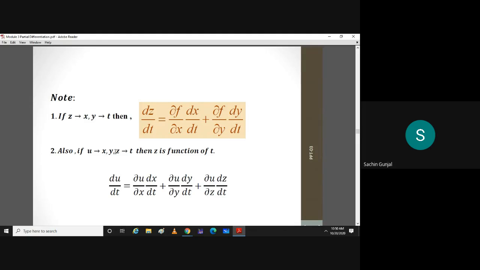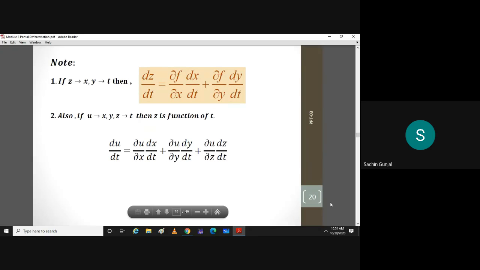Similarly, it is true for the three variable case. So u is a function of x, y, z, and x, y, z are functions of t. Then you can find du/dt, which is given by ∂u/∂x dx/dt plus ∂u/∂y dy/dt plus ∂u/∂z dz/dt.